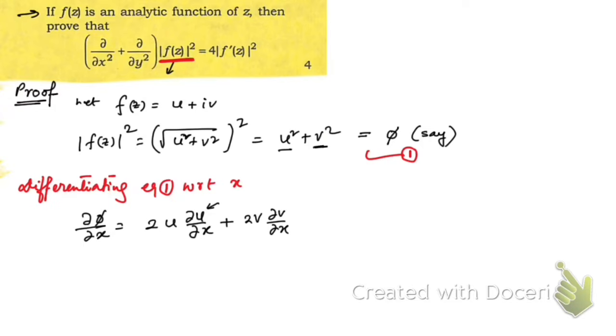It may be a function of both x and y. v is also a function of both x and y.